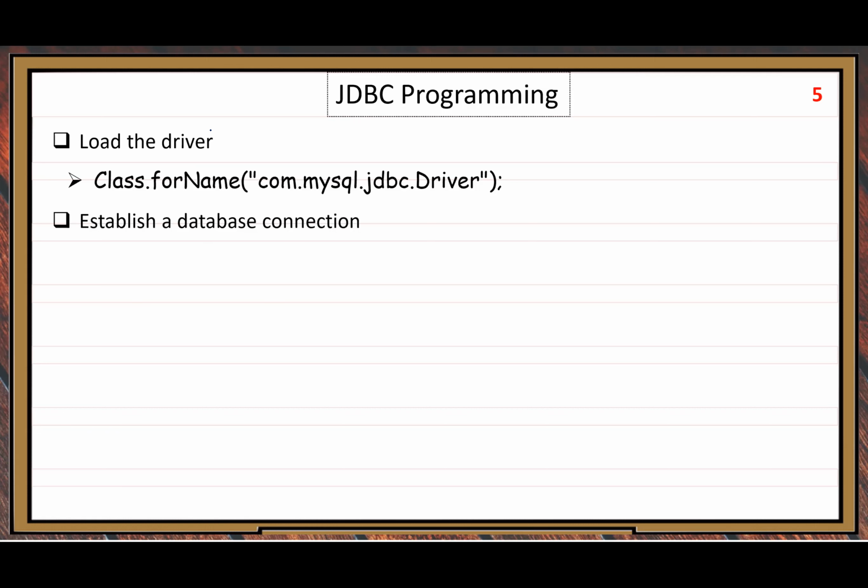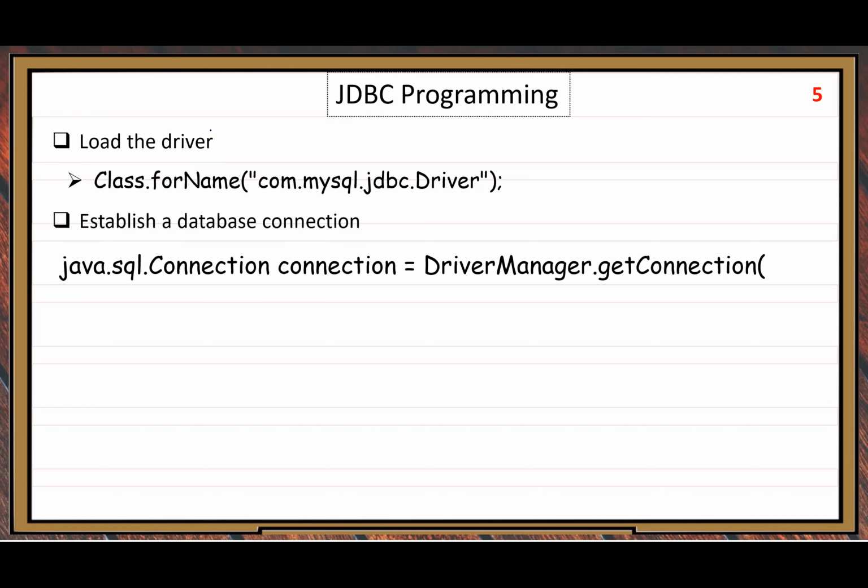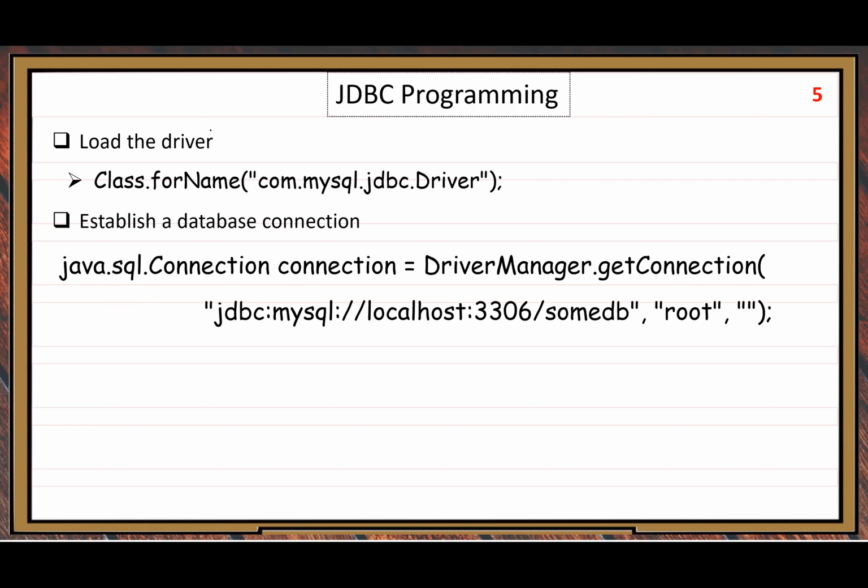Establish a database connection. The next step, create a database connection object. You need to create a database connection object to do your query. The second step has 2 lines. Because the line is quite long, I break it into 2 lines. The first one, the connection. We know the connection is an interface.